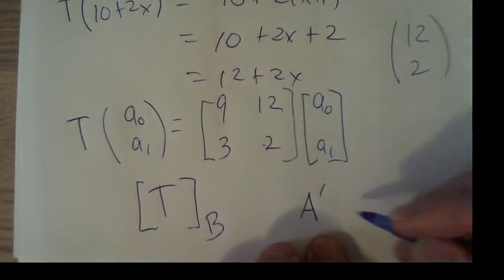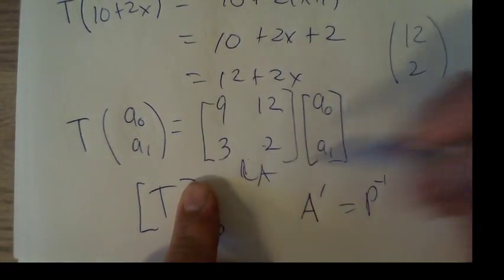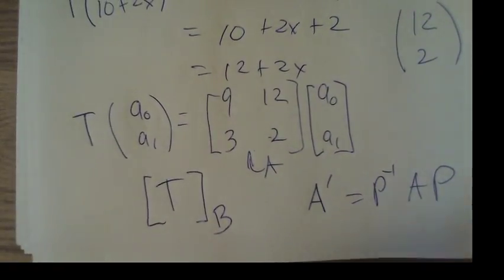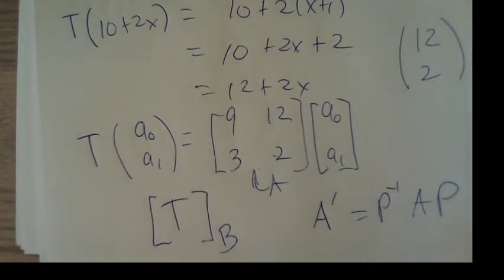I want to find this matrix A prime, where we have P inverse A P. I would like to find it using this property here.